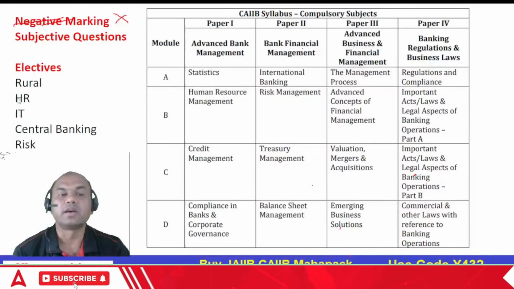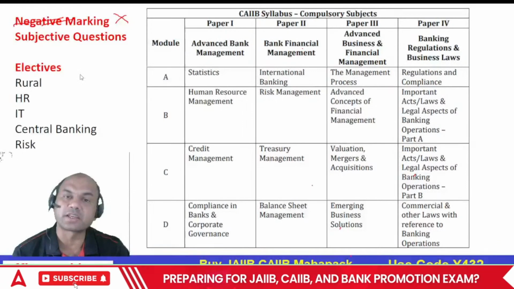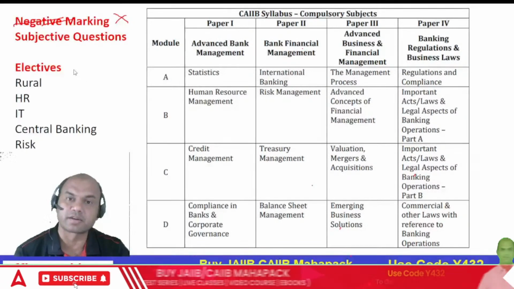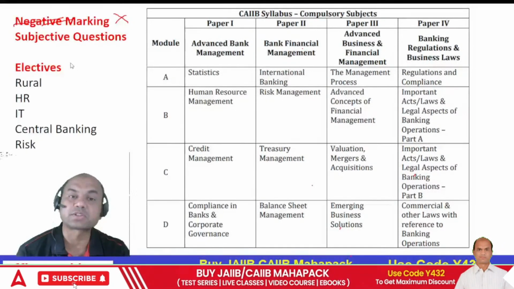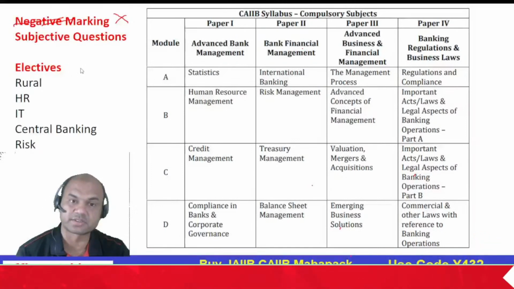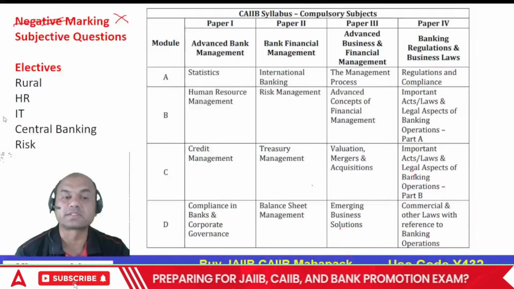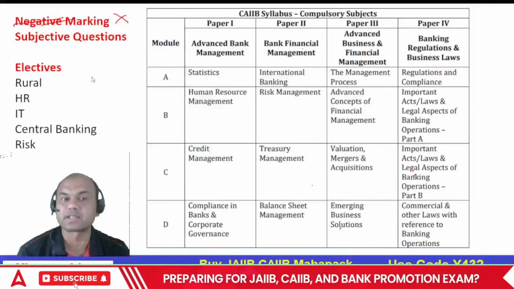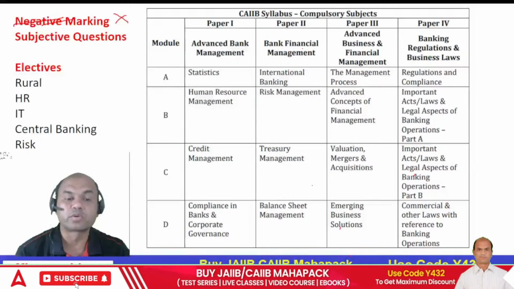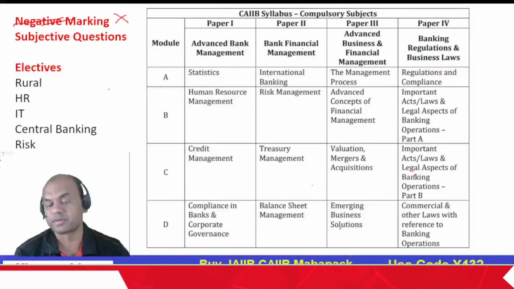Additional marks you can receive later, but you should have that much confidence of 15% at least. That's why I prepared this slide. If you want to select an elective, select only the one where you are very comfortable.